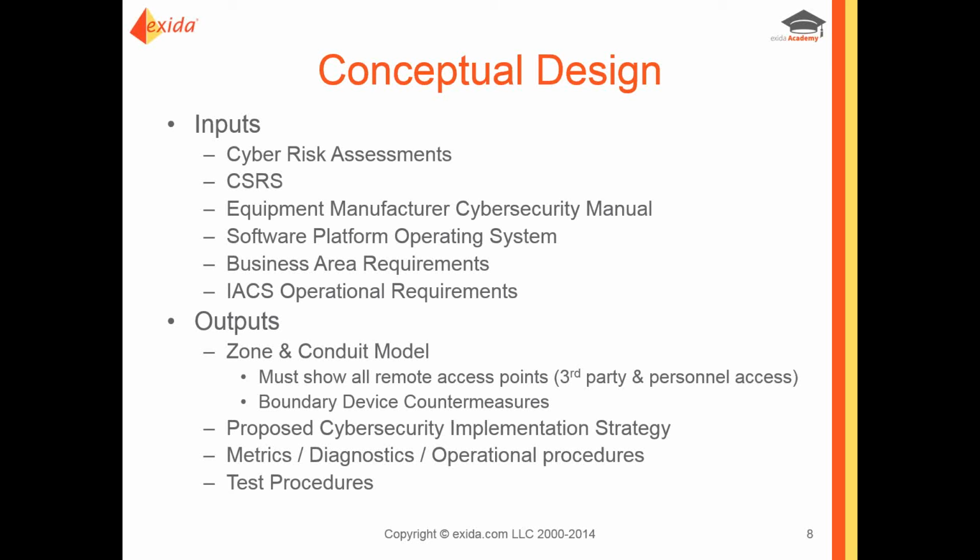Essentially, you need to know just how good the equipment is for the security level that you need to achieve within the zone they're going to be located. You also should know what software platform and operating system you're going to be working with, your business area requirements, as well as your process control, the operational requirements for the control system.